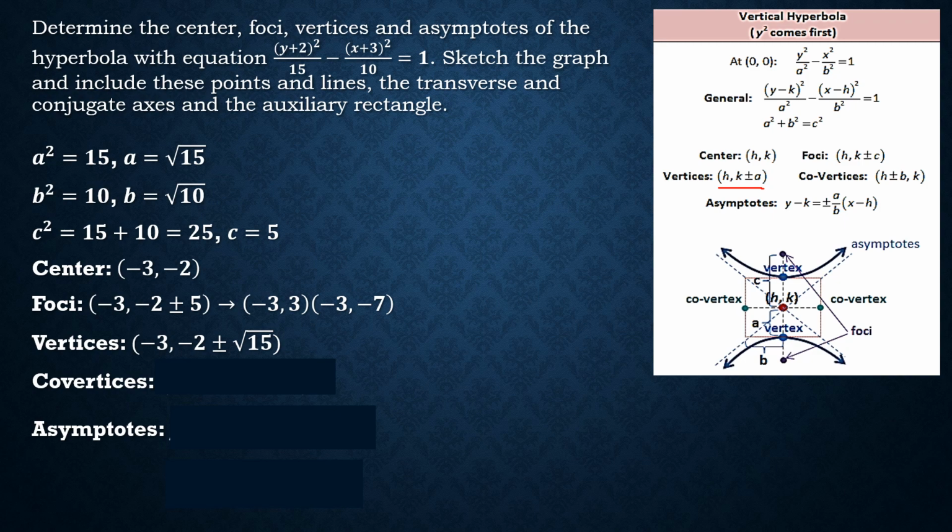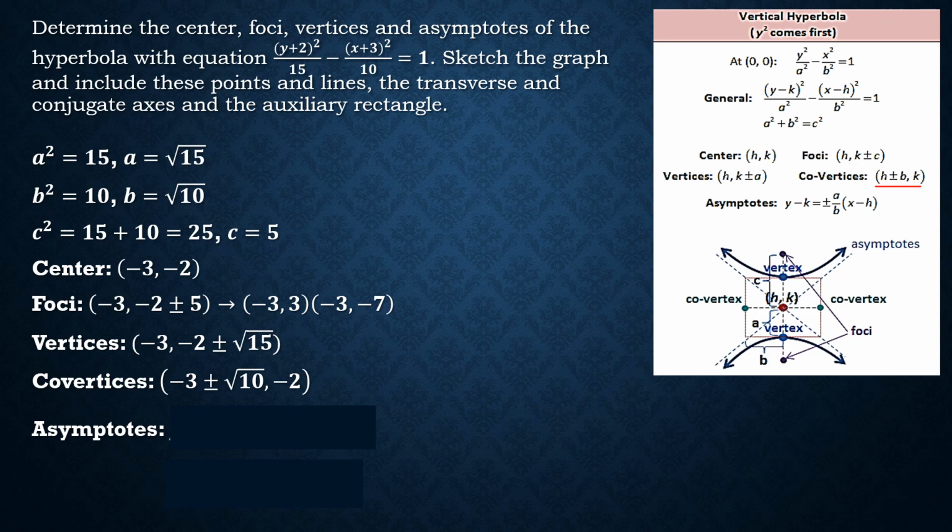All you have to do is familiarize the formulas here. So, we have the co-vertices h plus minus b and k. Now, the co-vertices are negative 3 plus square root of 10, negative 2, and negative 3 minus square root of 10, negative 2.